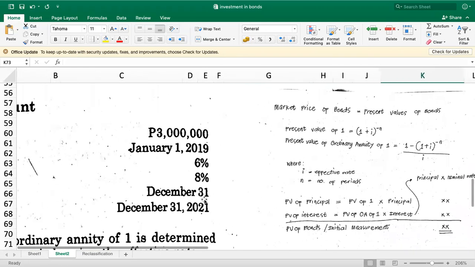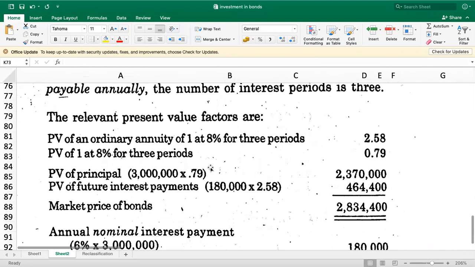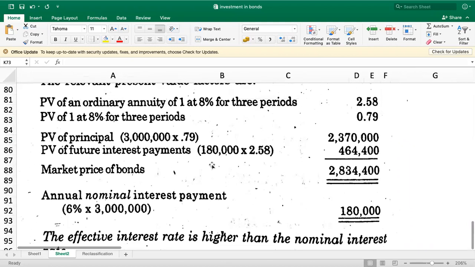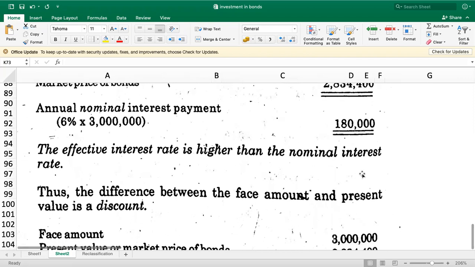So you have principal of 3 million times 6%. That's 180,000 every year. So ito yung 180,000 times 2.58 PV of ordinary annuity of 1. That's 464,400. So the market price of the bonds is 2,834,400.